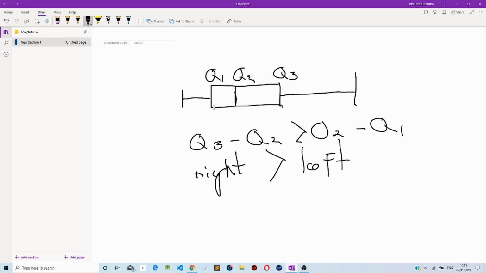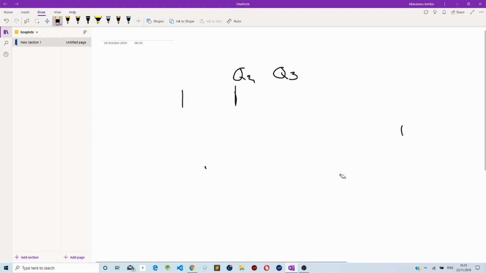So this can also coexist. The last thing we are going to look at is a negatively skewed curve.